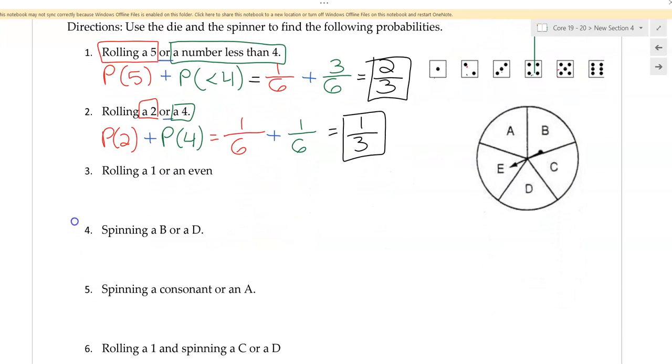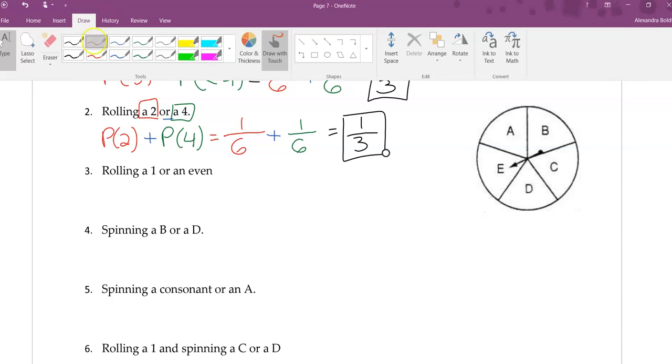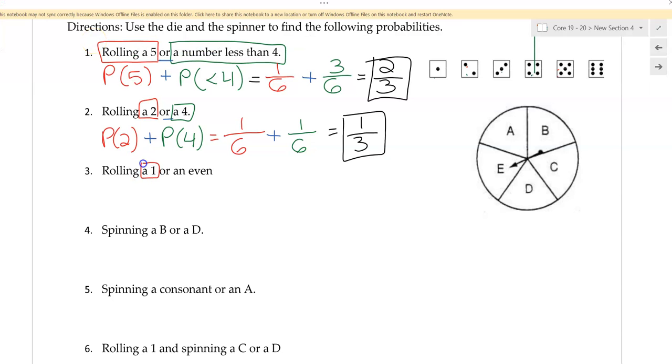Okay, number 3, rolling a 1 or an even. Same type of thing, right? The probability of 1, or tells us to add, the probability of even. For even, I have 2, 4, and 6.